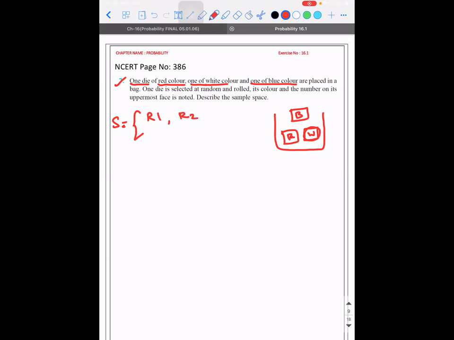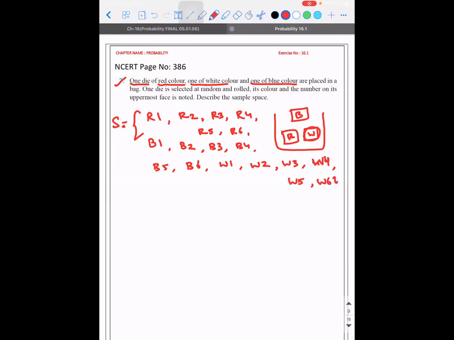It will be R1, R2, R3, R4, R5, and R6. Suppose he's taking a blue: blue 1, blue 2, blue 3, blue 4, blue 5, blue 6. Suppose he's getting a white: W1, W2, W3, W4, W5, W6. Is it clear, guys?